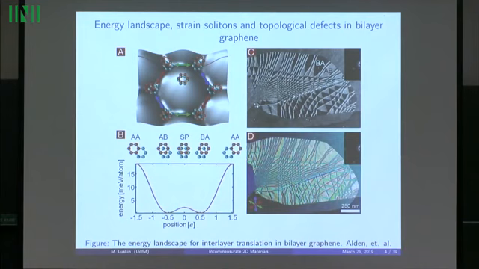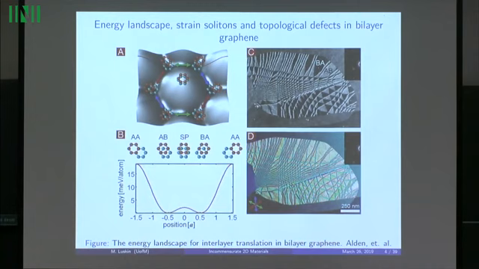If you put one layer exactly on top of the other, that's called AA stacking, because remember there are A atoms and B atoms in the lattice. You might think the A atoms are the lattice points, and the B atoms have a separate little vector, forming a multilattice.